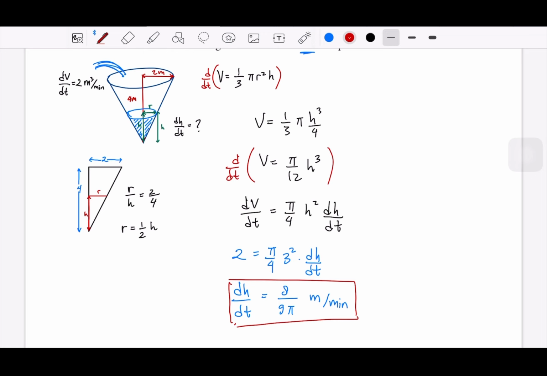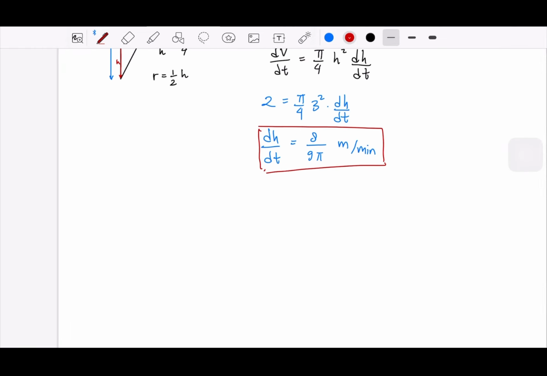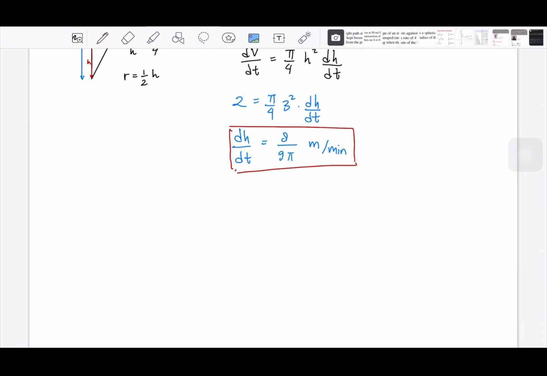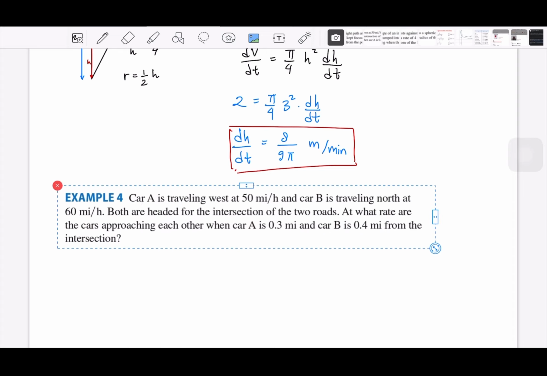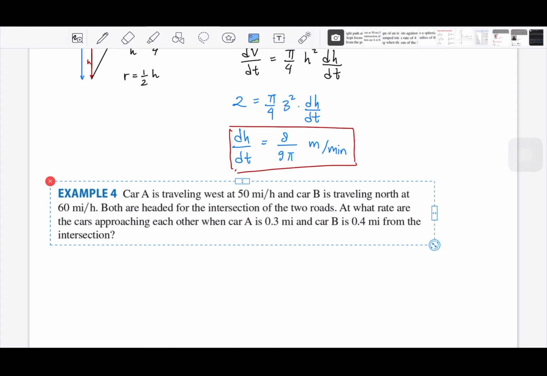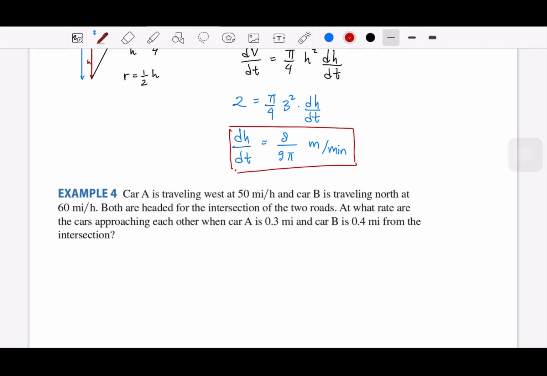Okay. Let me give you another example. Okay, another example. Perhaps if you have the textbook, maybe different number, but that's okay. It's the same problem but different number and different units.